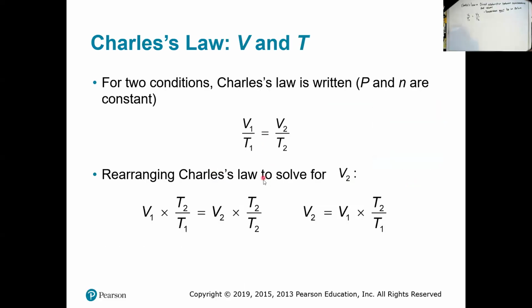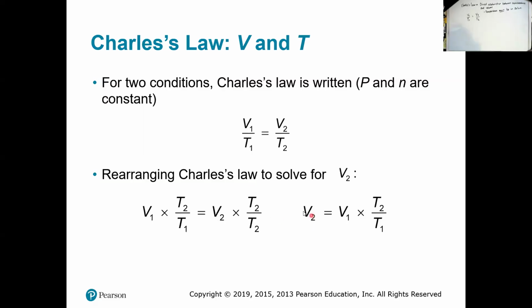So these are just ways that you can write out Charles' law. What they're showing you here is how you can solve for the different variables. If you wanted to rearrange Charles' law so that you were solving for V2, if you're trying to get V2 by itself, then you'd say, all right, I'm going to multiply both sides by T2 so I can move it over here.